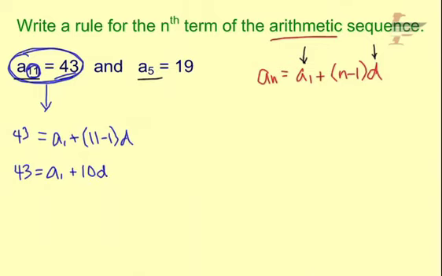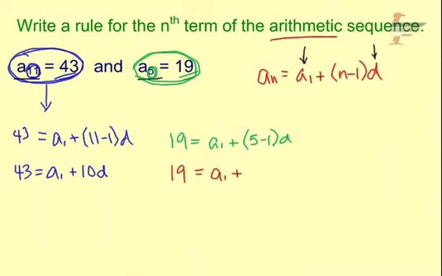Now we're going to do the same thing with our second term they gave us. And remember, this 5 goes in for the n, so 5 minus 1 times d, and the 19 goes out there. So when we simplify this, we're going to have 19 equals a sub 1 plus 4d.